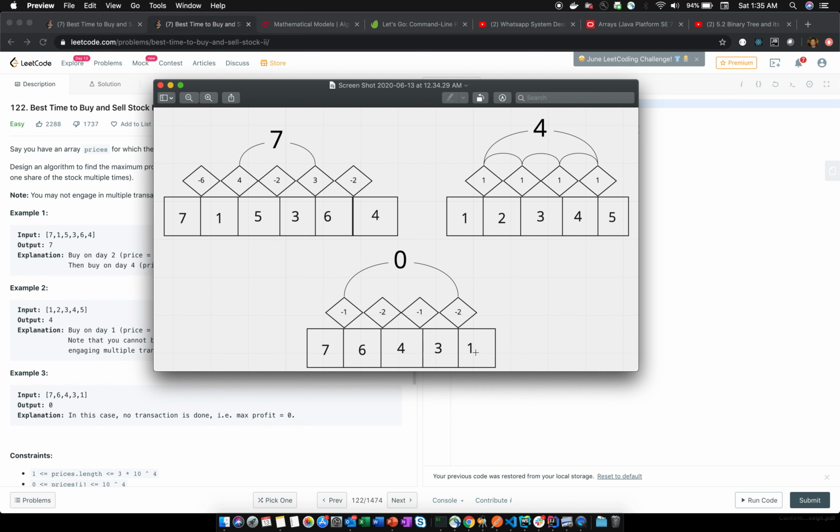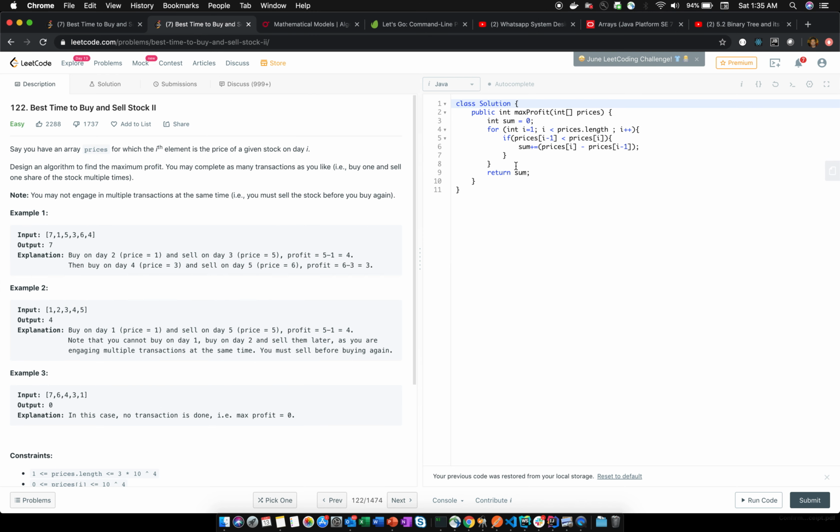So the code is very simple after I figured out the logic and the trick behind it. Let's take a look. All I'm doing is starting the sum at 0, and then starting the loop from 1 so that I can compare the prices, the previous day's price with the current day's.